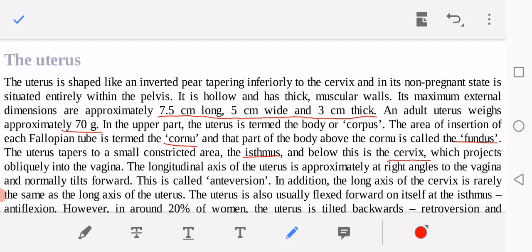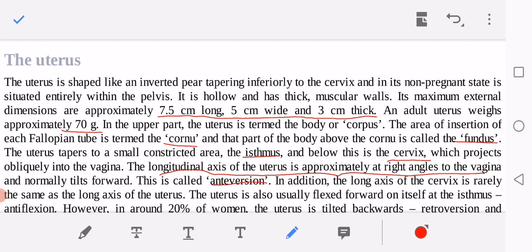The cervix projects obliquely into the vagina. The longitudinal axis of the uterus is approximately at right angle to the vagina and normally tilts forward. This is called anteversion. The normal uterus is anteverted.